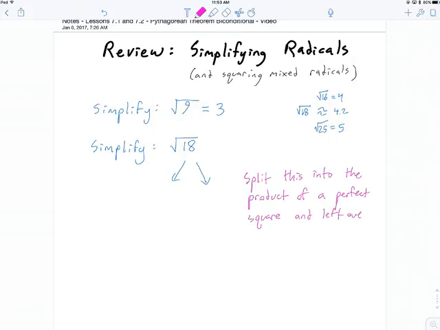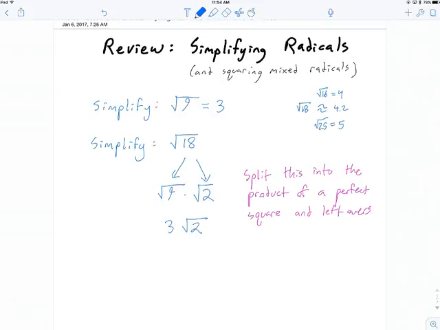Okay, so let's do that. We're going to split this up into, let's start with square root of 9 times square root of 2. That's the perfect square that we can split out in a product of square root of 18. So we get 3 root 2, because the square root of 9 is 3, and the square root of 2 we can't do anything with, so it just stays like that.